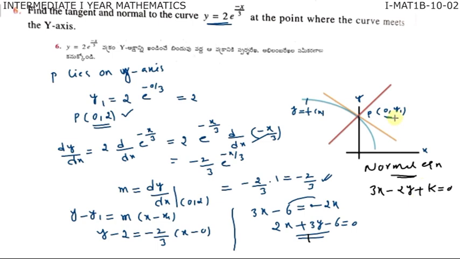But the normal passes through the point P, so substitute P here. 3 into x value 0 minus 2 into y value 2 plus k is equal to 0. Overall, I will get k is equal to 4. Therefore, the normal equation becomes 3x minus 2y plus 4 is equal to 0.